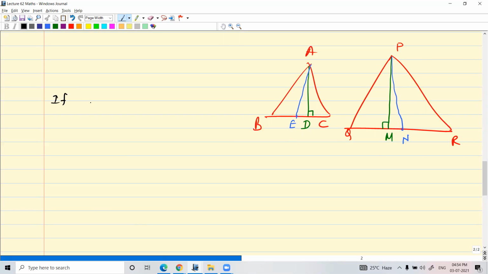So what have we learned so far from this chapter is, if two triangles ABC and PQR are similar, it means AB by PQ is equal to what? Tell me guys, AB by PQ is equal to what?